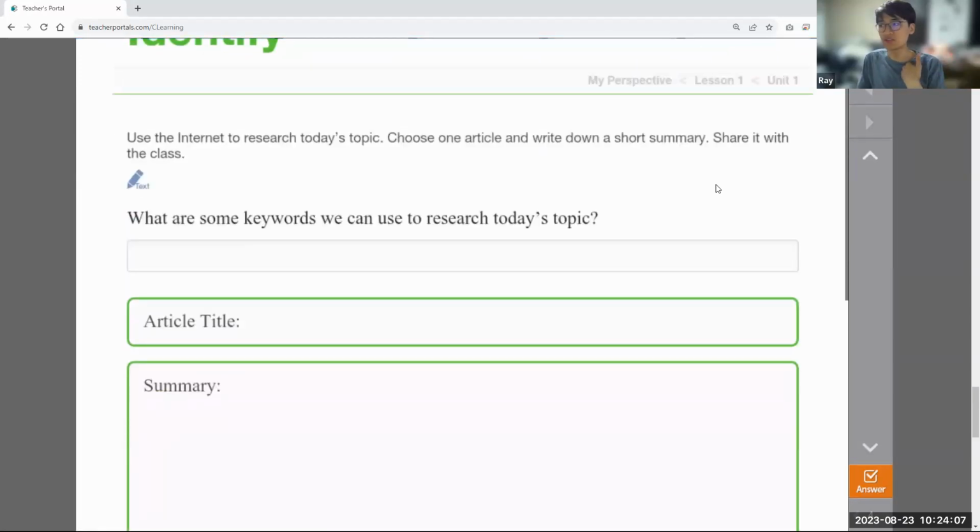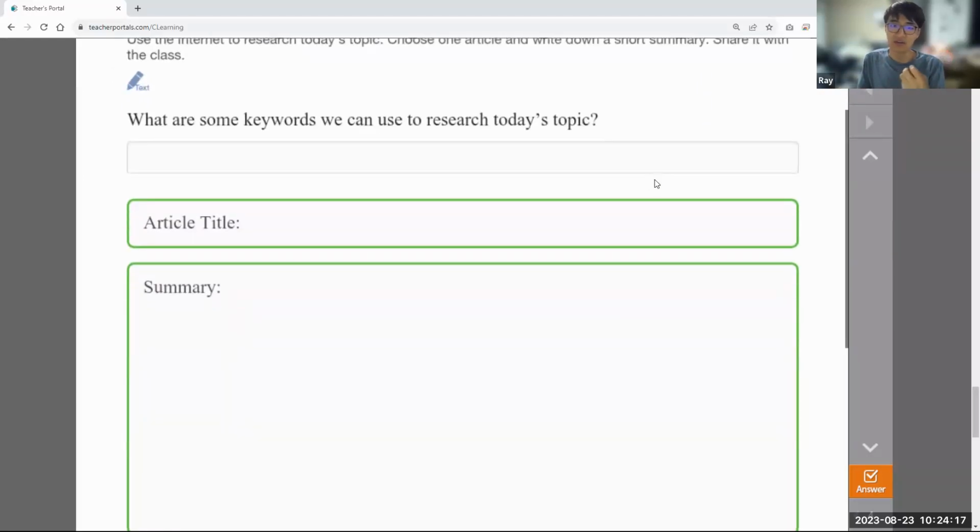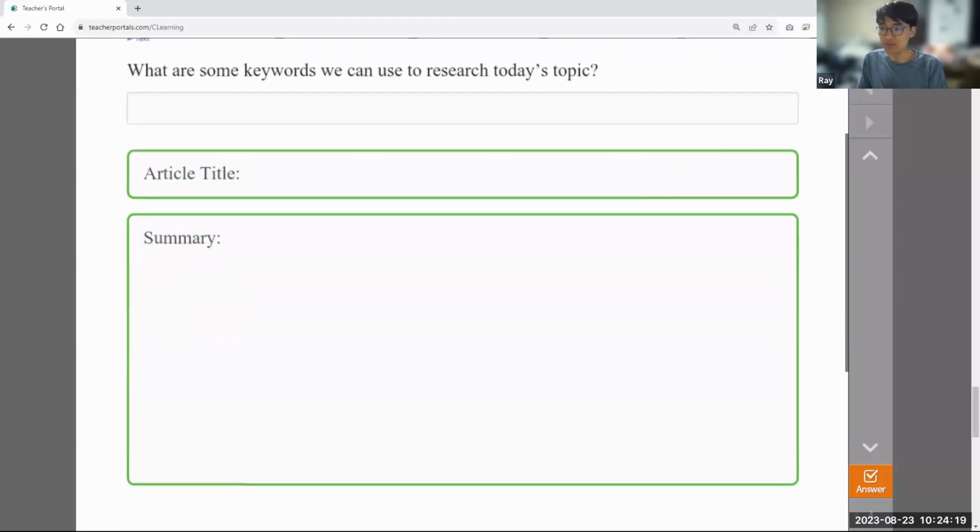Because for Songpa, we skip this. We believe it's more important to have students focus on the actual reading and listening itself and the project rather than researching. But if your location does participate and do this research page, they will probably have more specific instructions.